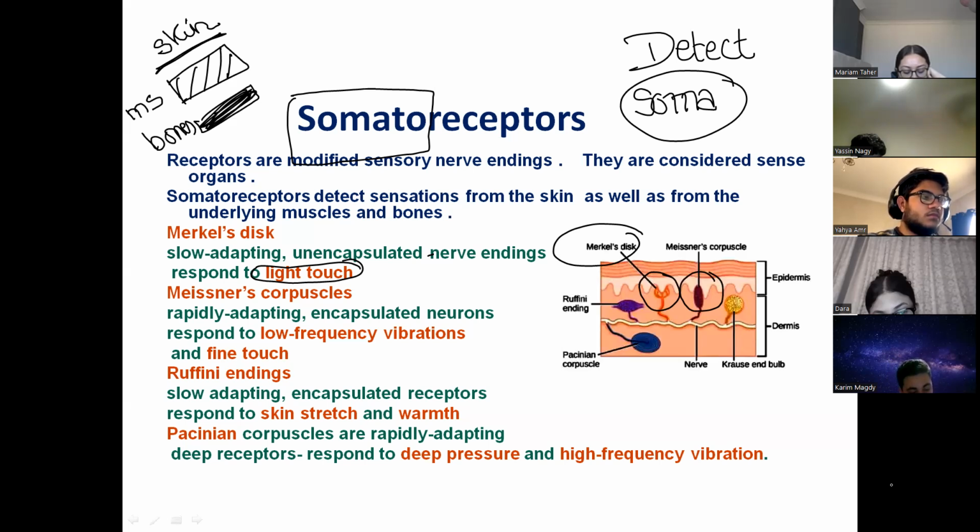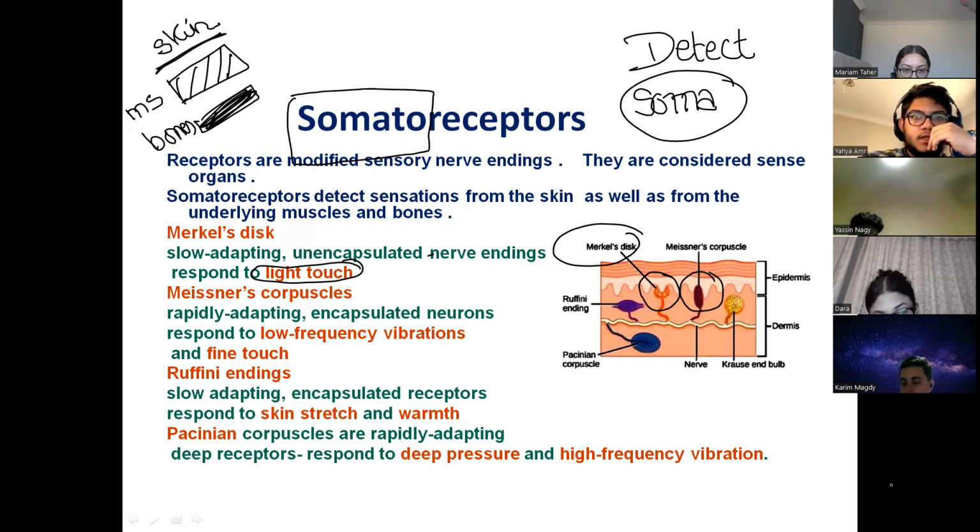Now we have two others, of course Merkel's discs and Meissner's corpuscle. Can we consider them mechanoreceptors or thermoreceptors? Mechanoreceptors or thermoreceptors? Which one of them? Merkel's and Meissner's.